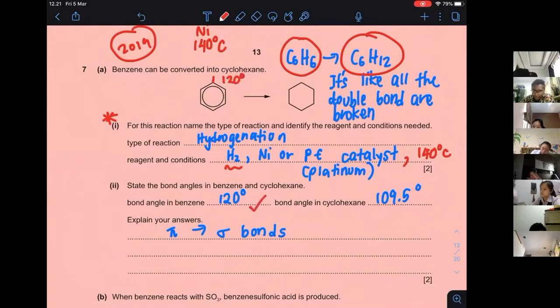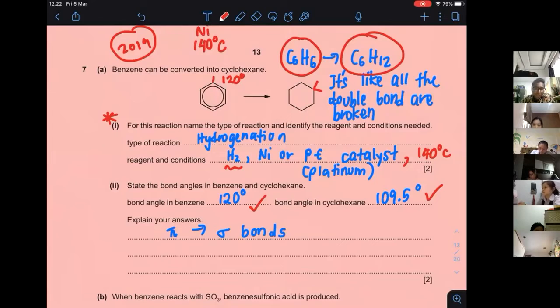The bond angle in cyclohexane: nobody said it's planar. It is non-planar because each carbon is bonded with 4 bonds, so they are going to have a 109.5 degrees arrangement. Each carbon has a tetrahedral shape.